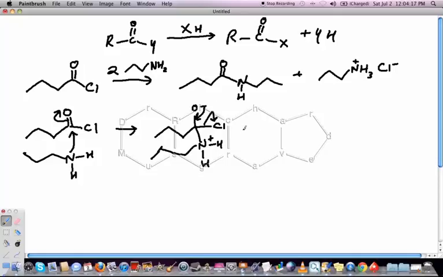Remember, this is not a very common process. It only happens because the Cl is such a good leaving group. We don't often get negatives and positives in the same compound. It's usually something we try to avoid.